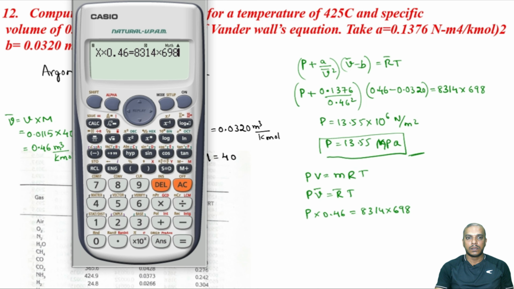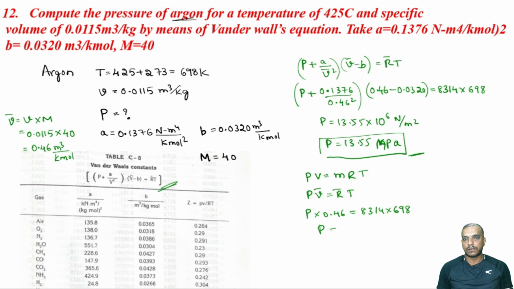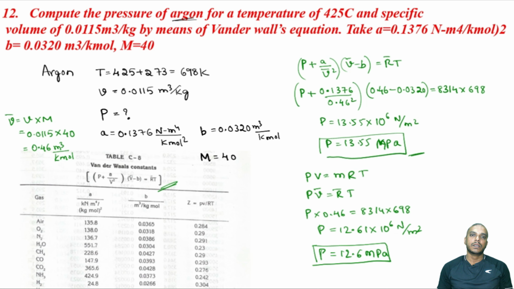Shift solve for x equal to 0. We get 12.61 into 10 power 6, so we can say 12.61 megapascal, which is closer. We can always verify that these two answers should be quite near. All right. Thank you.